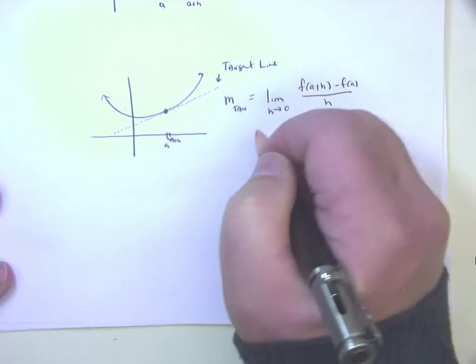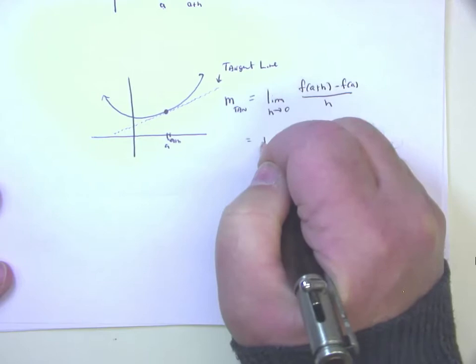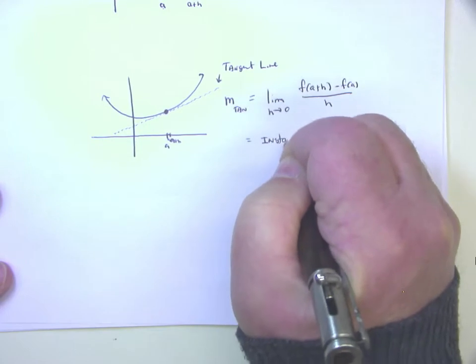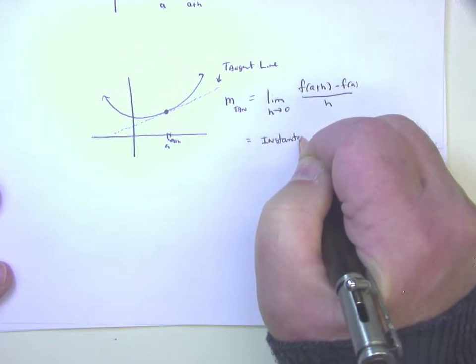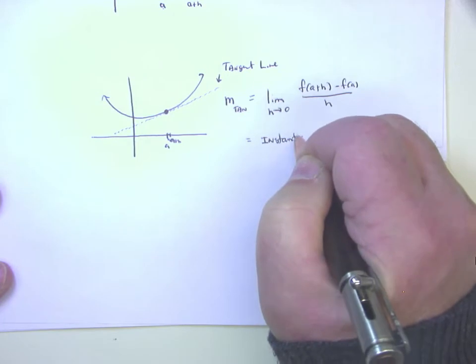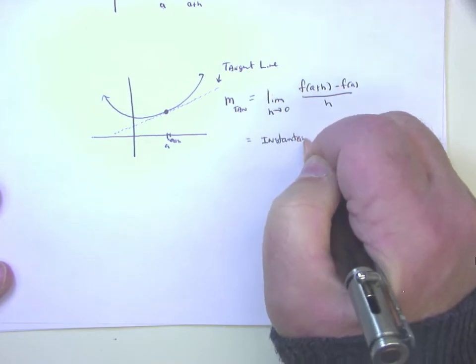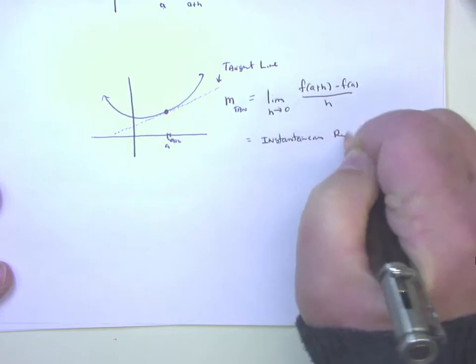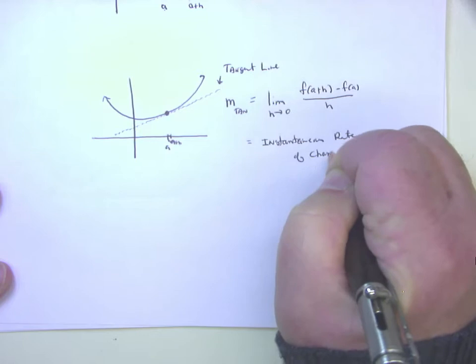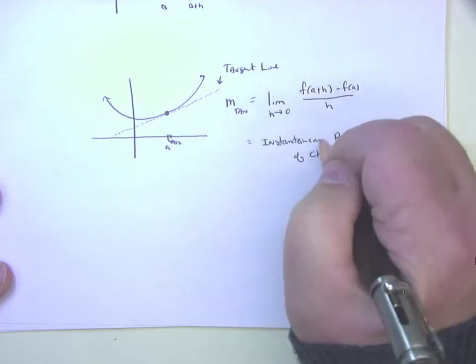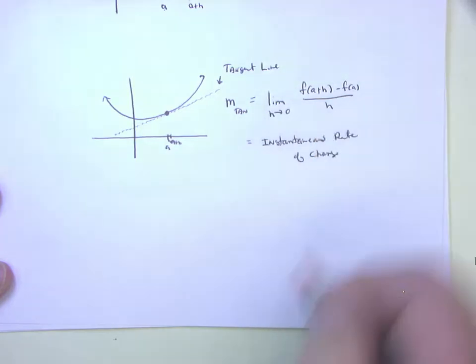So you get this slope of a tangent line, and what this slope of the tangent line is, this is the instantaneous rate of change. Okay?